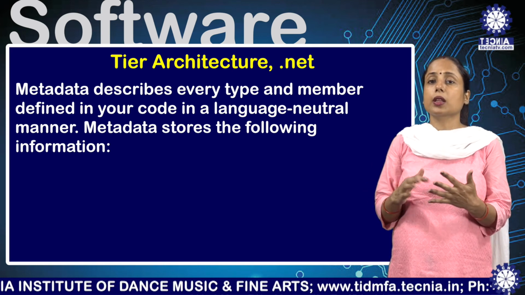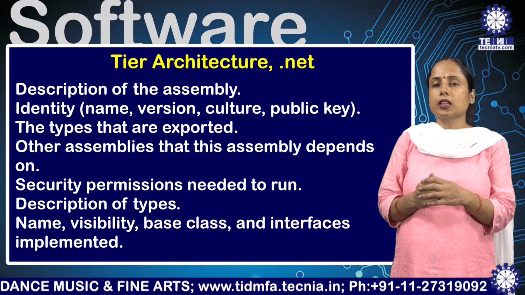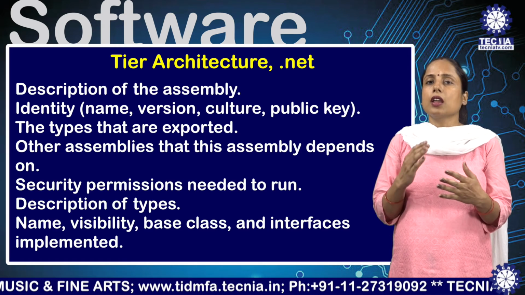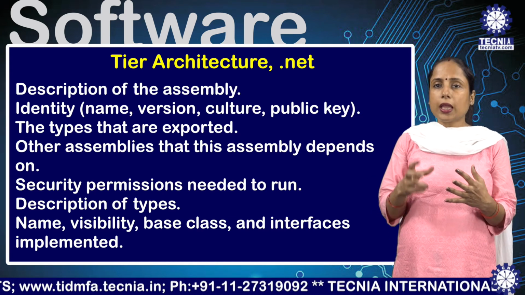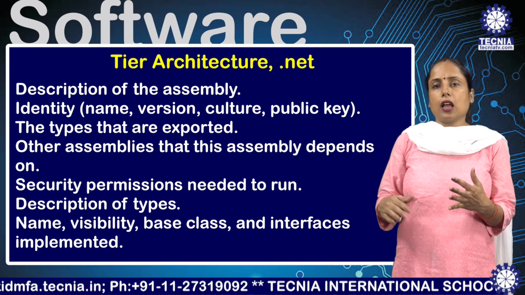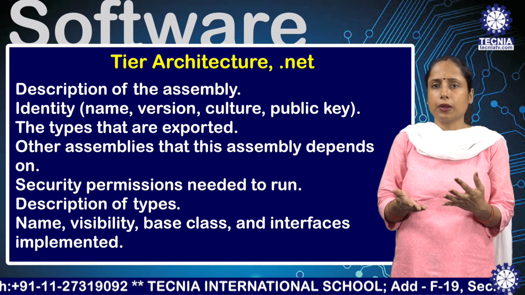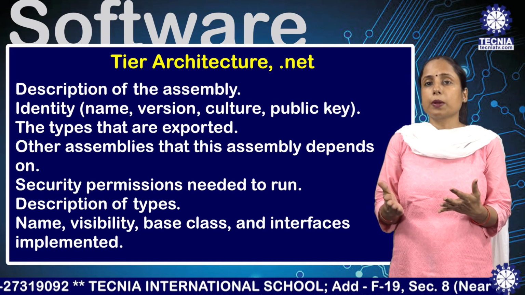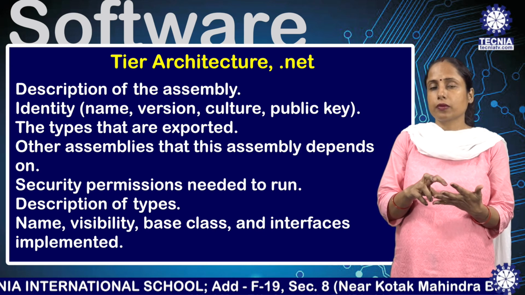It can store the description of the assembly and the description of types. Description of the assembly means the identity of the assembly, its name, its version, its culture, its public key, the types that are exported, other assemblies that might be dependent on that particular assembly, and the security permissions needed to execute that particular application.